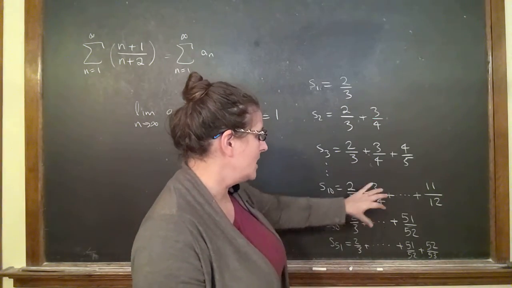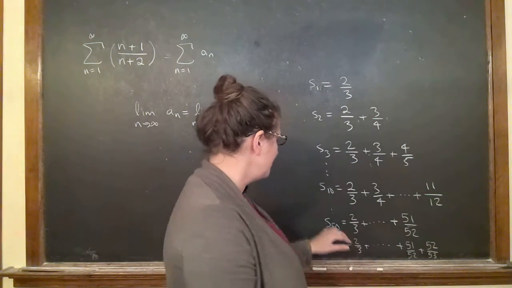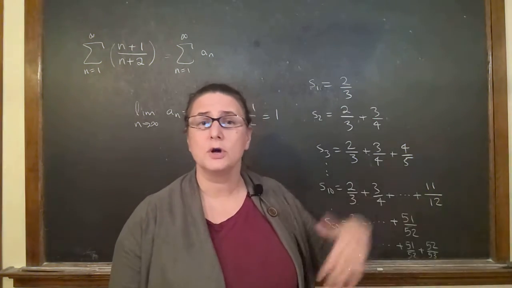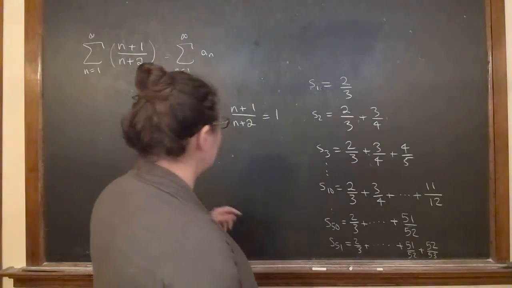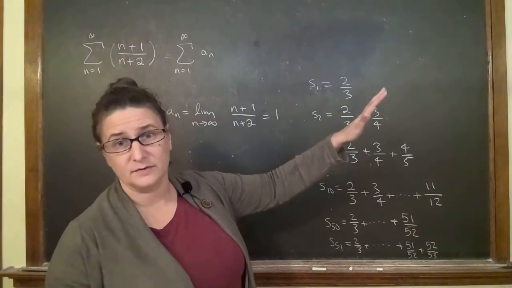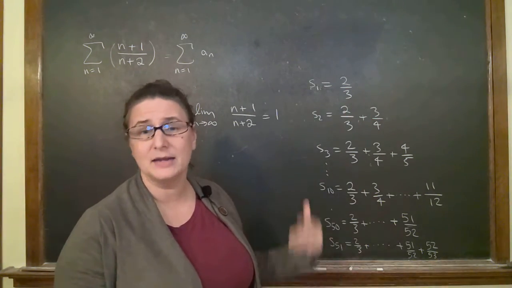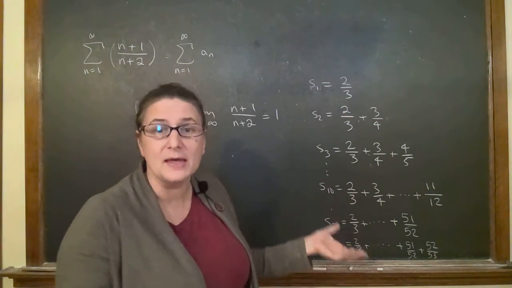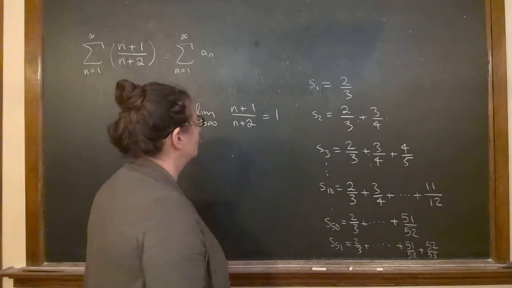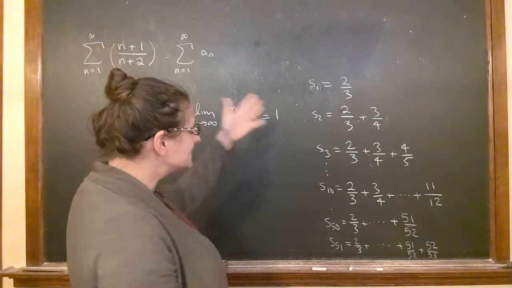At some point, I'm so close to 1 that I'm adding 1 each time. So my partial sum S_n is going to go off to infinity, because each time I'm adding another 1. So that's the idea here.